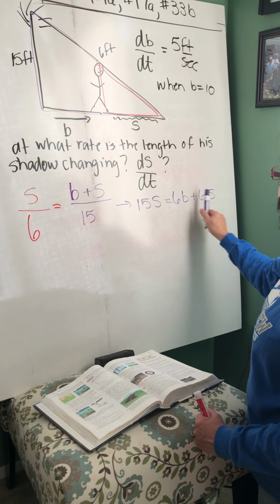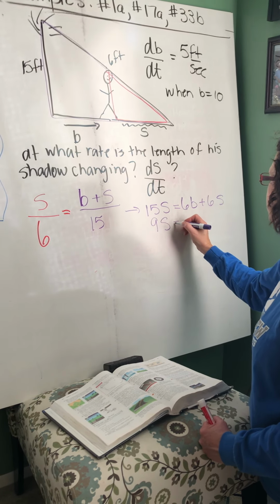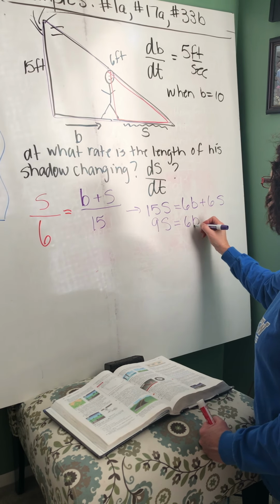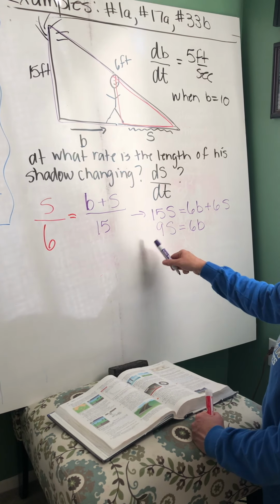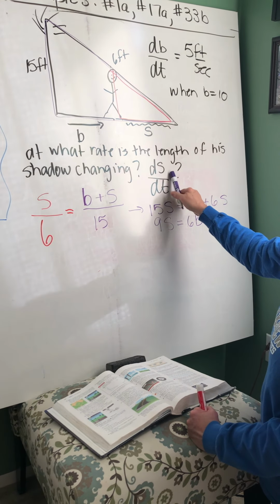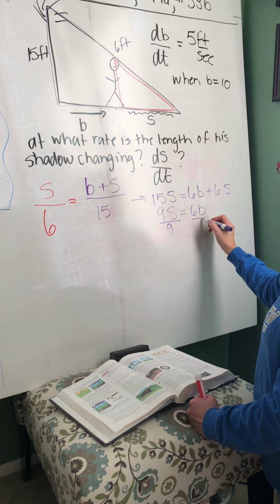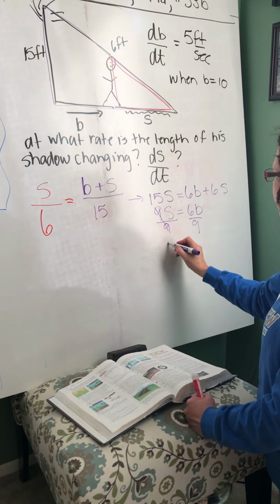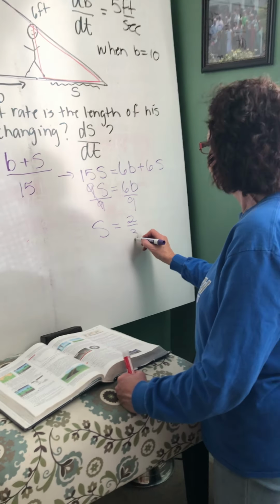I can subtract 6s from both sides. That would be 9s equals 6b. I'm not sure if I want the b alone or the s, or I could take the derivative right now. But let's take a look. They're asking me for dS/dt, so let's get that s alone. Let's divide by 9, and I get s equals 2/3 b.